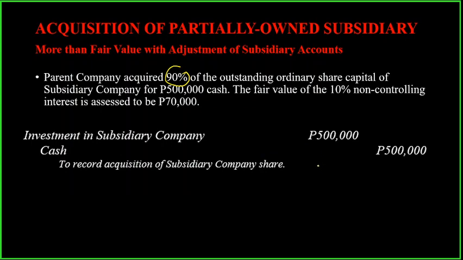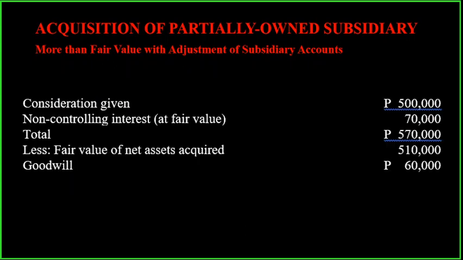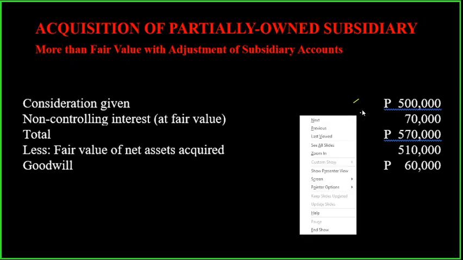Same as in our previous transactions. And this is the schedule of allocation of excess. Here we will be a bit challenged because there are some gray areas. Anyway, to continue, this is the consideration given and the non-controlling interest at 70,000 pesos.